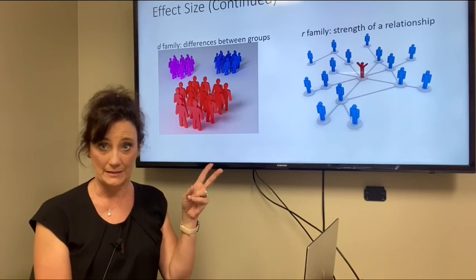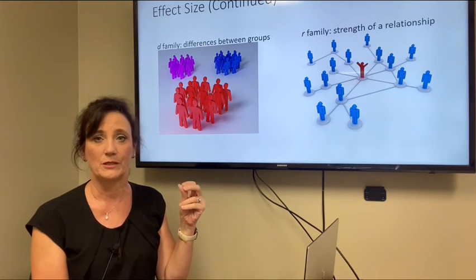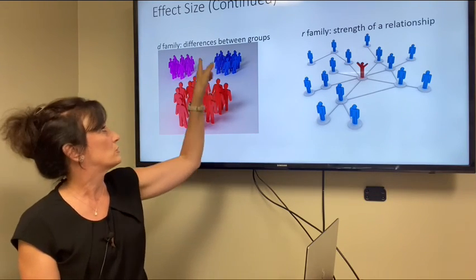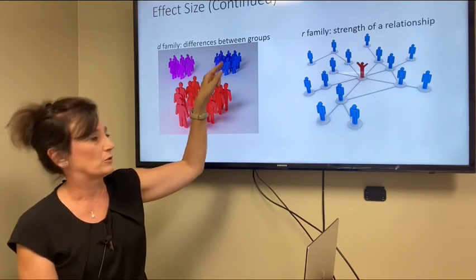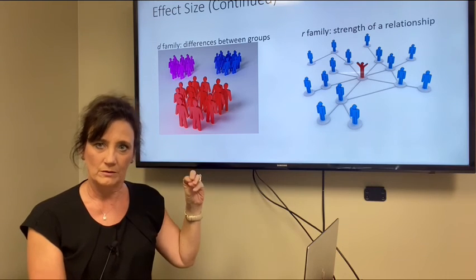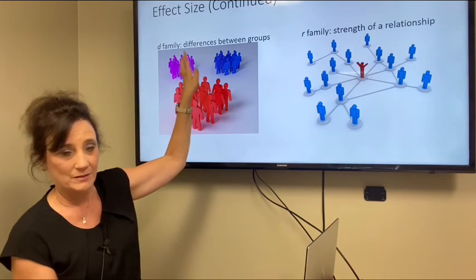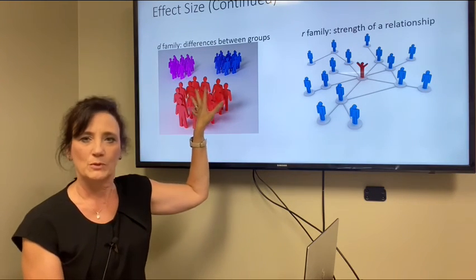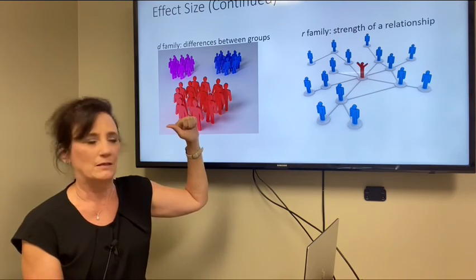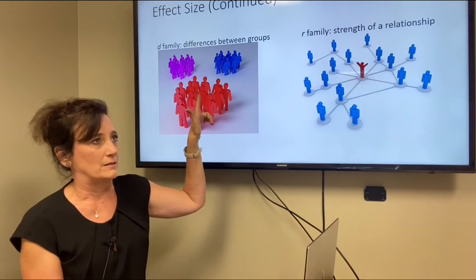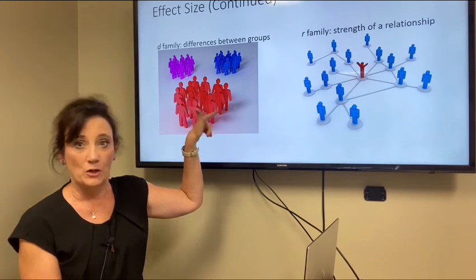Two families of effect size that we want to be sure we understand. The D family, which looks at difference between groups. A mnemonic that can help you remember: D and difference. Differences between or among groups would be used with your t-tests and ANOVA.